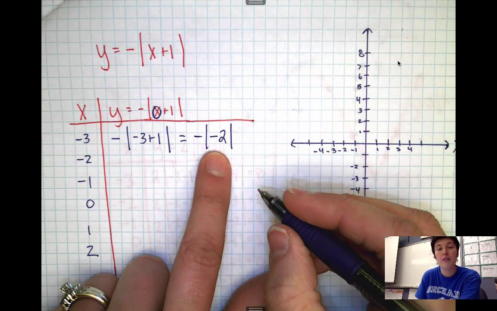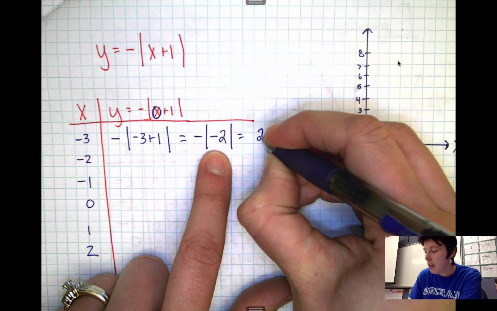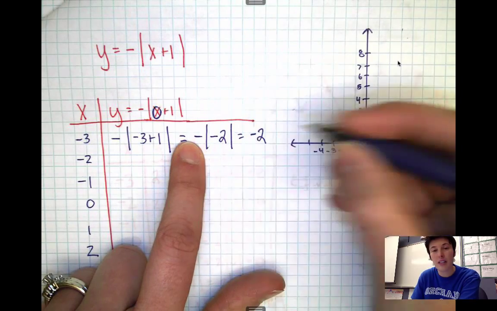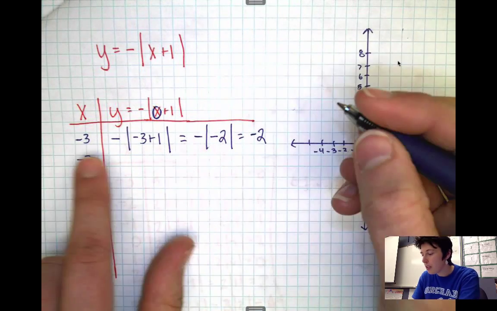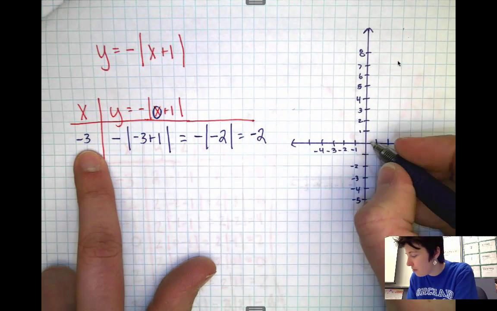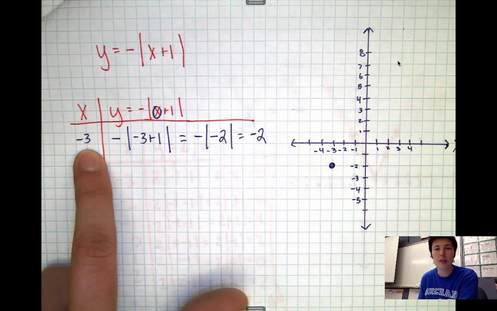So now what's the absolute value of negative 2? Well, it's positive 2, but there's a subtraction negative sign on the outside, so it turns back into a negative 2. So my first point is at negative 3, negative 2 on the graph. Negative 3, negative 2 right here. You can see why this one's a little trickier.